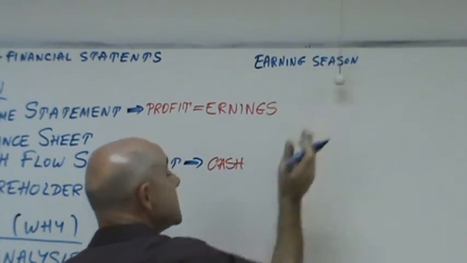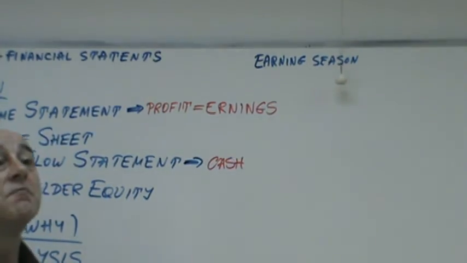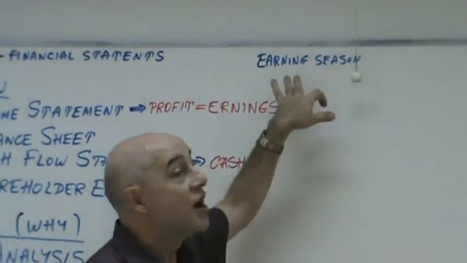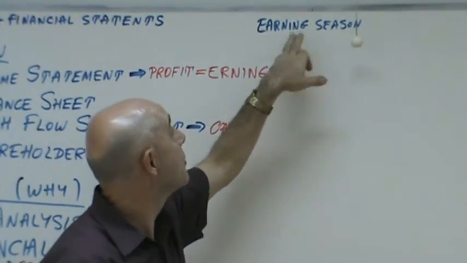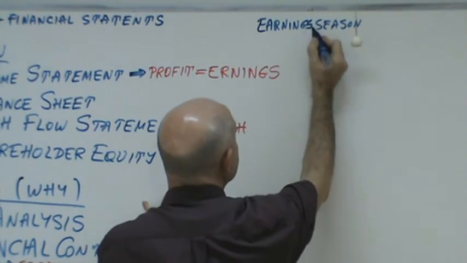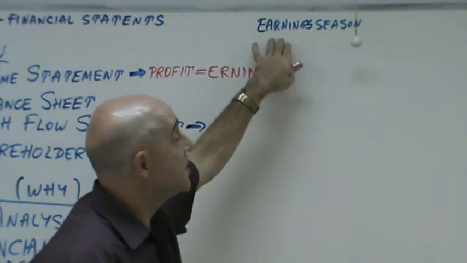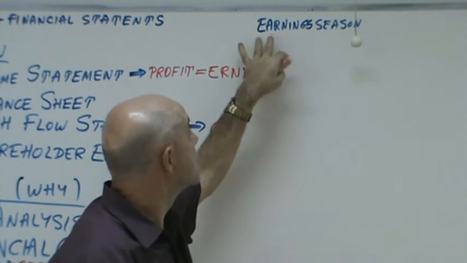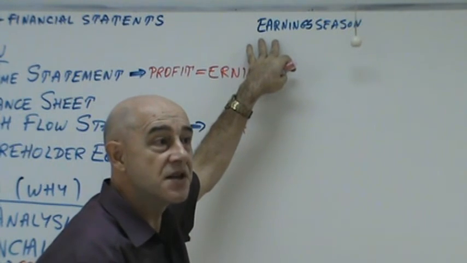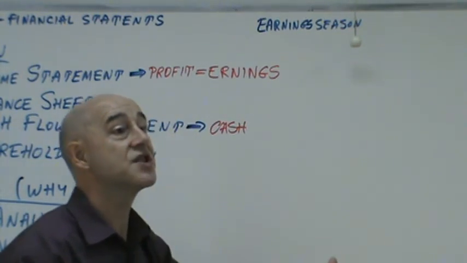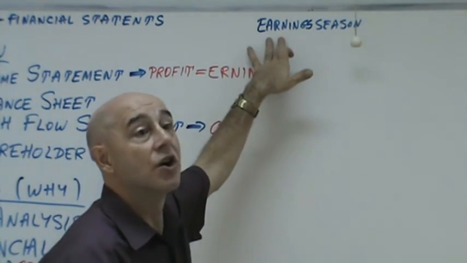Earnings season is about 1 month out of a quarter where companies will report their earnings. Sorry, this is plural. That's important. So during earnings season, you have in one day 10, 20, 50, 100 companies reporting their earnings.